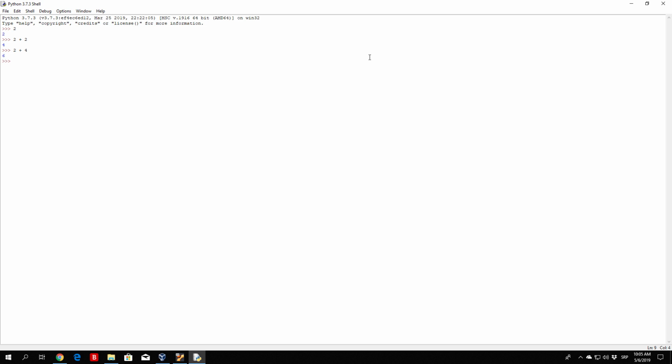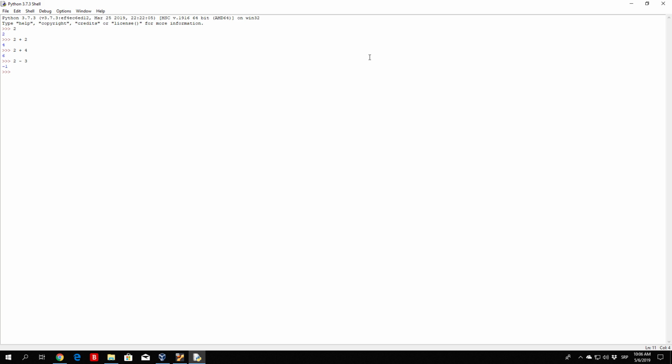You can also subtract numbers, so 2 minus 3 will be minus 1. We can see that the Python interpreter already knows all of this basic stuff. Therefore, we can conclude that the addition and the subtraction are performed the same as in the real world.